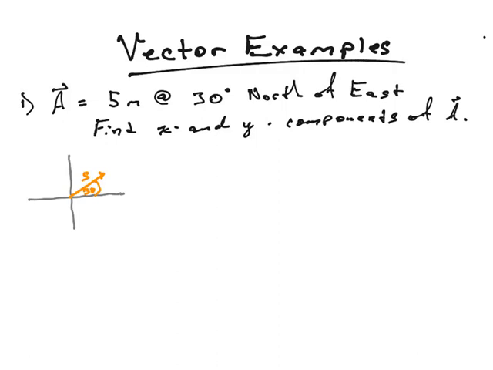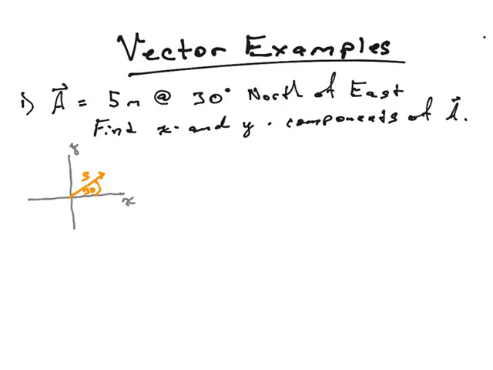So again, to make sure your angles are correct, first of all, if it's not specified north of east or anything like that, then when the angle is given, it's understood to mean 30 degrees with respect to the positive x-axis. Of course, this is x over here and y over here. So if I give you a vector, and I don't tell you west of south or anything like that, I just say 30 degrees, then it's understood that it's 30 degrees counterclockwise from the x-axis.